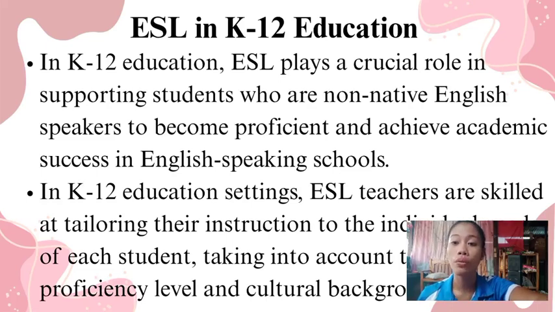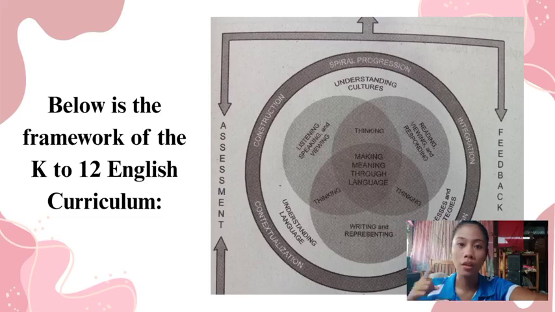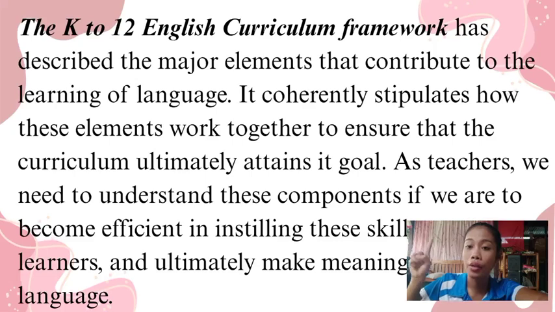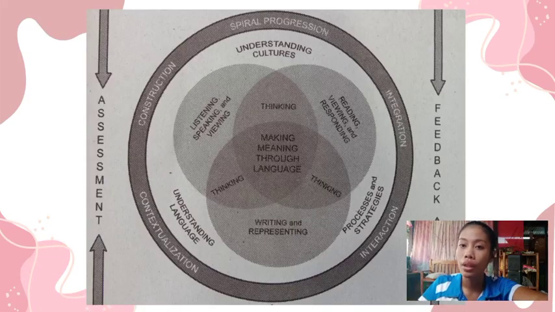Now, in the K-12 curriculum, ESL is not taught randomly. It follows the English curriculum framework. This framework acts as a roadmap for teachers. It explains how students should progress in their English skills step by step. For example, in the lower grades, students begin with simple skills like listening and speaking basic English words.